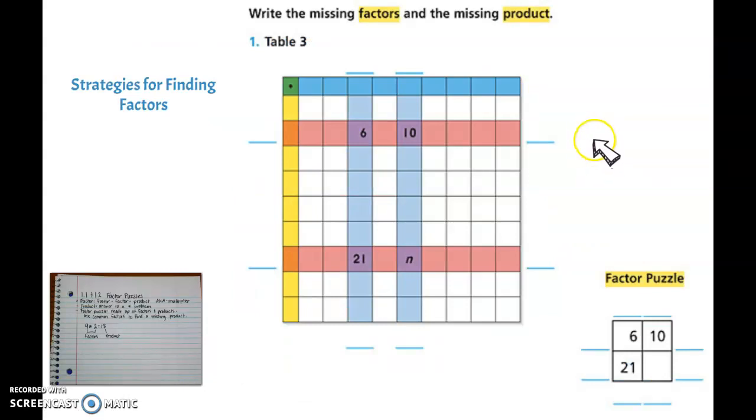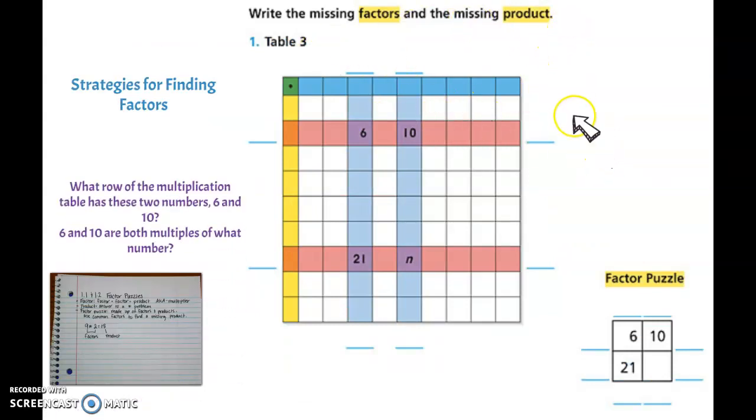So strategies for finding the factors, we're going to write the missing factors and the missing product. To do this, we need to think what row of the multiplication table has these 2 numbers, 6 and 10. So we're looking at rows, we're looking across. 6 and 10, the number that 6 is divisible by and 10 is divisible by would be 2.